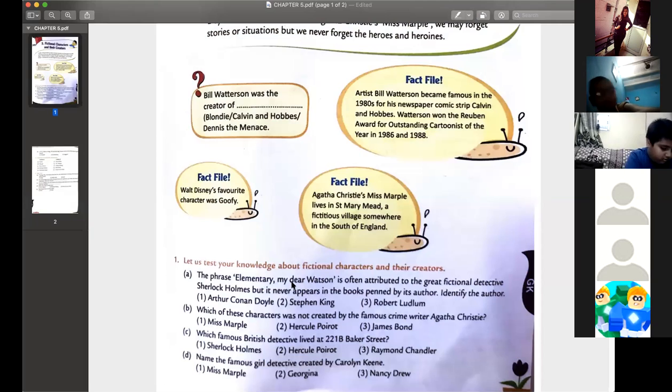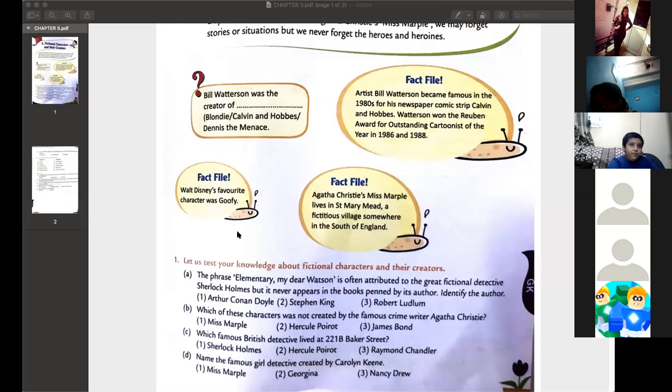Sherlock Holmes. Name the famous girl detective created by Caroline Keene. Yes, Tanesh.